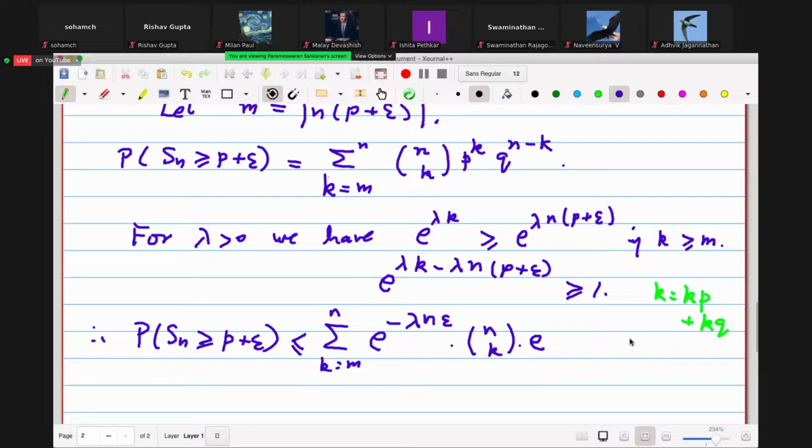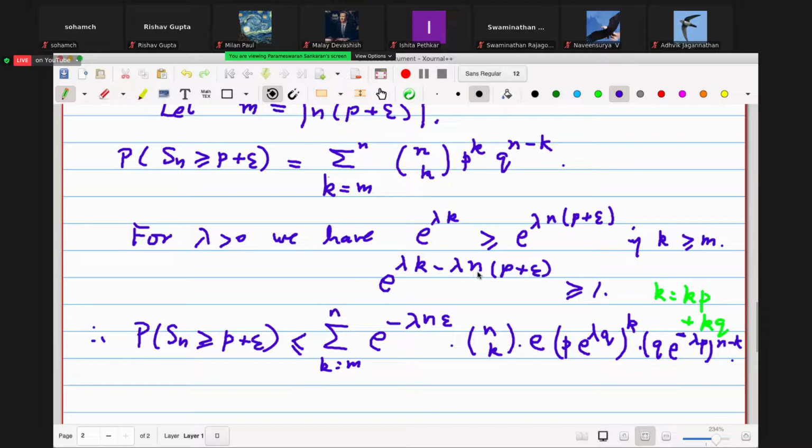And then what are we left with? This kq will be there. So I write p e power lambda q whole power k times q e power minus lambda p whole power n minus k. So this is what we get.